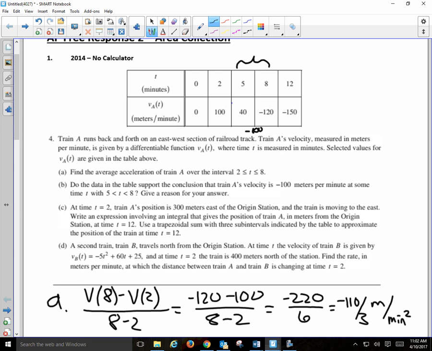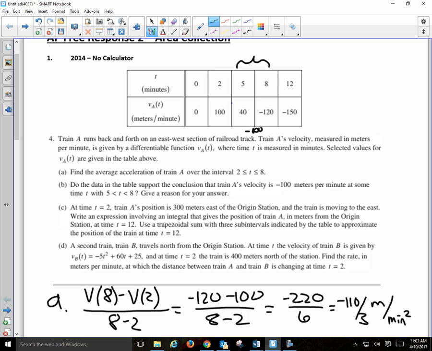We have to put it in the right format so that they understand it. We're going from 40 to negative 120, and negative 100 is between those values, correct? Now, it doesn't have to cross over negative 100 if it's not continuous. But this is continuous because it's differentiable. What theorem guarantees that if we go from 40 to negative 120 that we have to cross over negative 100? What theorem?